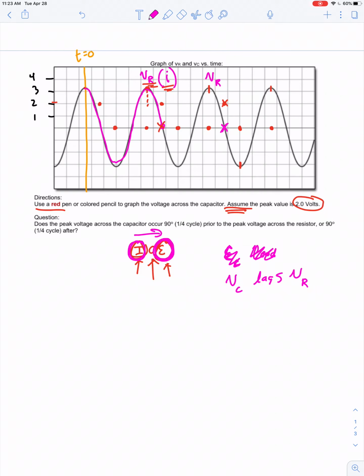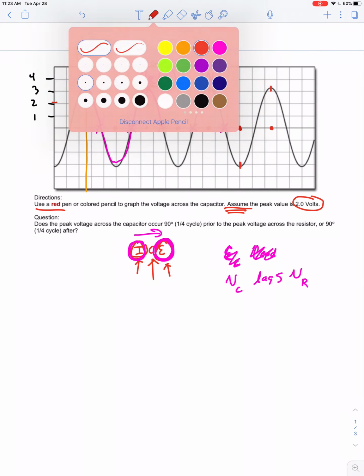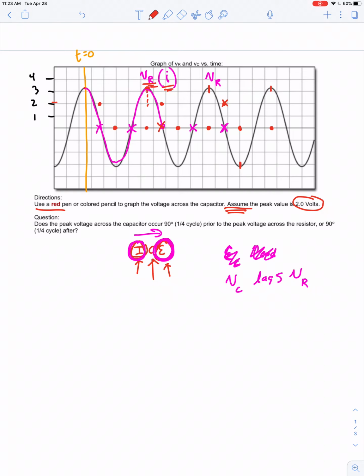So if I can find all the zeros for the voltage across the resistor, then that has to correspond to either a maximum or minimum value of voltage for the capacitor. So this one corresponds to a maximum, so this one's going to correspond to a minimum. There's another minimum, so on and so forth. Here's another minimum.